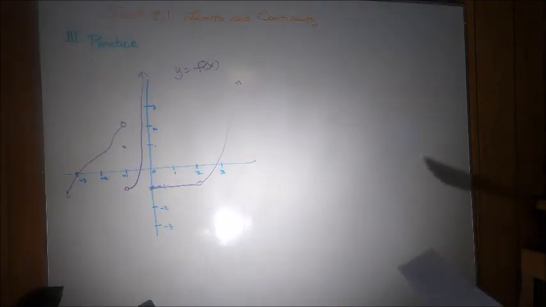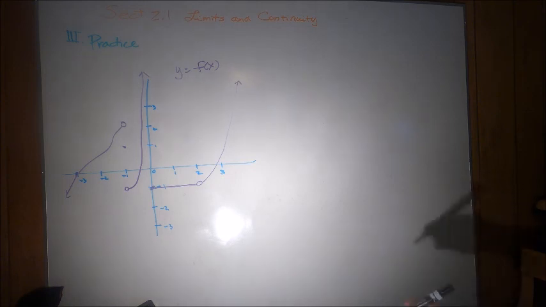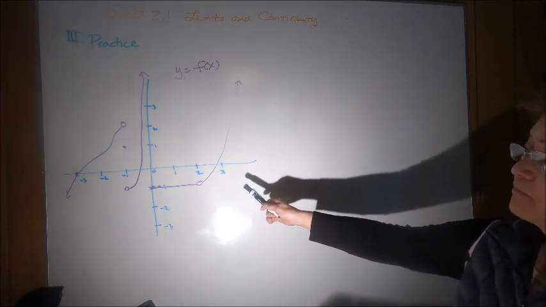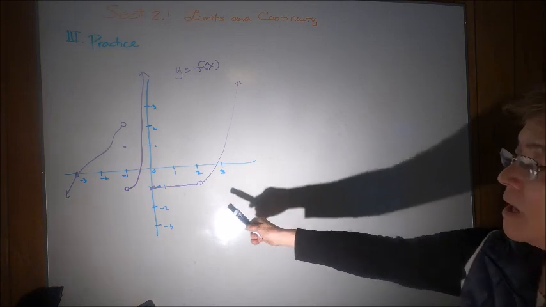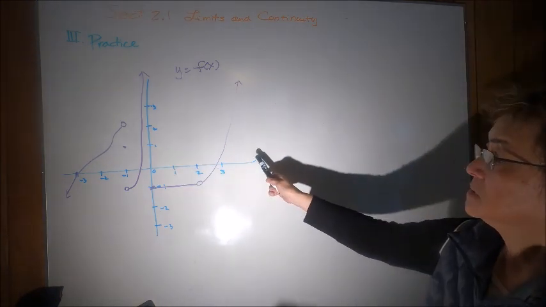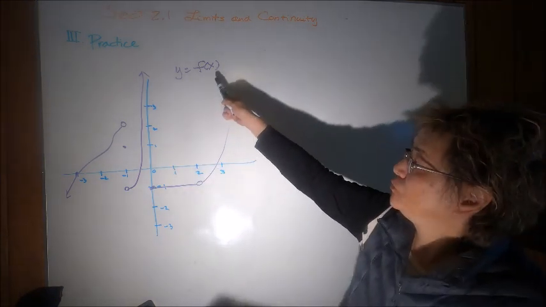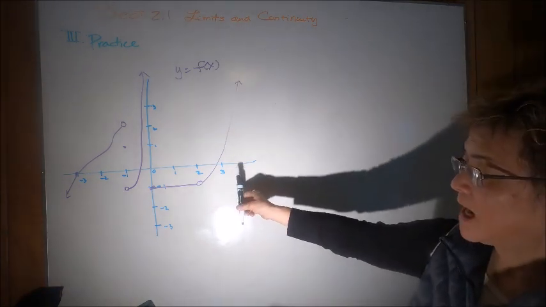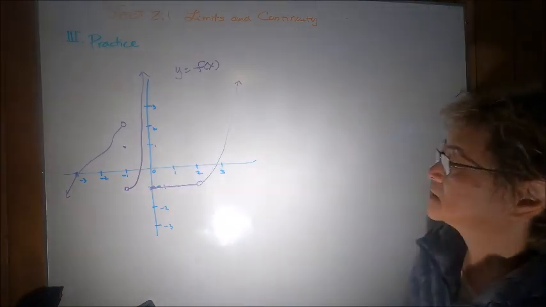Let's do some more practice on limits and continuity. Okay, so look at the graph. What are we talking about? We are talking about x values mapping to y. So is this a function? Look at the graph by the vertical line test.